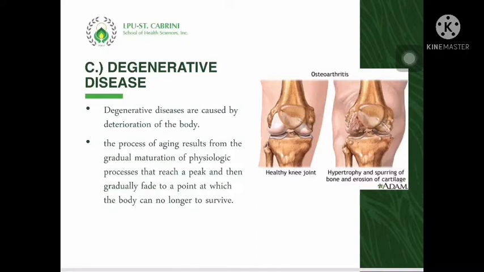Pag sinabi natin spurring, there will be bony outgrowths, and this is painful, extremely painful for the patient, especially in the knee area. Kasi yung knee ng tao, it helps to bear the weight of the patient or of the people. So again, osteoarthritis is an example of degenerative disease, as well as atherosclerosis and osteoporosis.